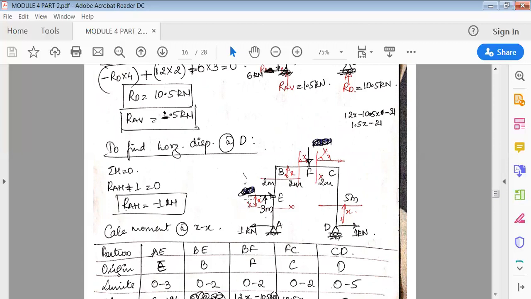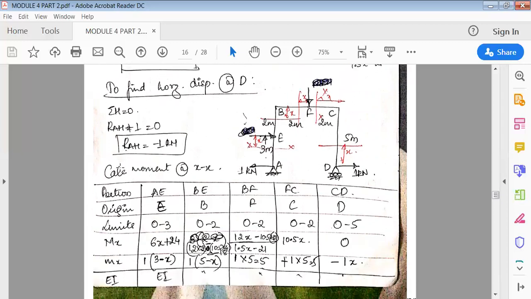Everything else remains there: 6 kilonewton here, 12 kilonewton here. Only at D you apply the 1 kilonewton load, because at D you have to find the displacement.